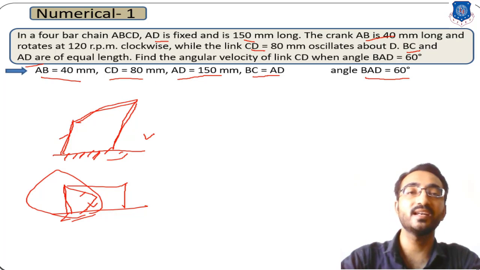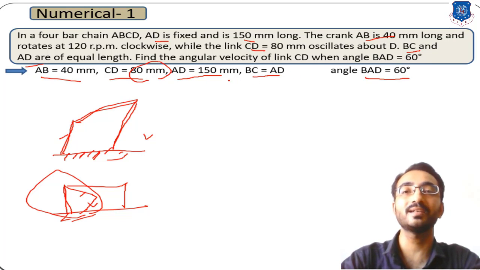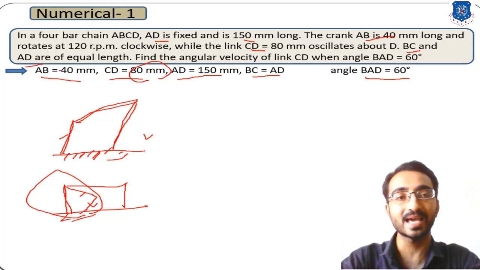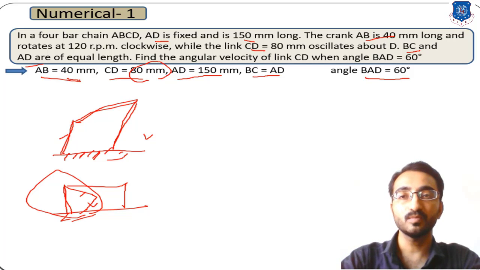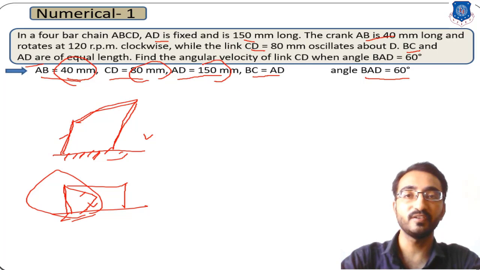To sketch this arrangement, first you have to consider some scale, because the dimensions are given in mm. To sketch the whole diagram, first refer to the largest and the smallest dimensions. Here the smallest dimension is 40 mm and the largest is 150 mm.